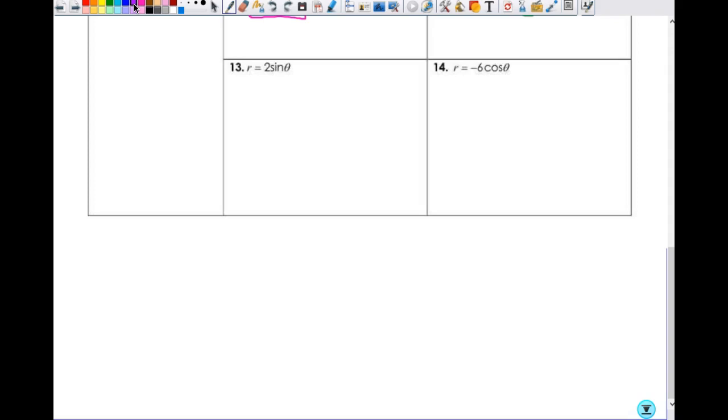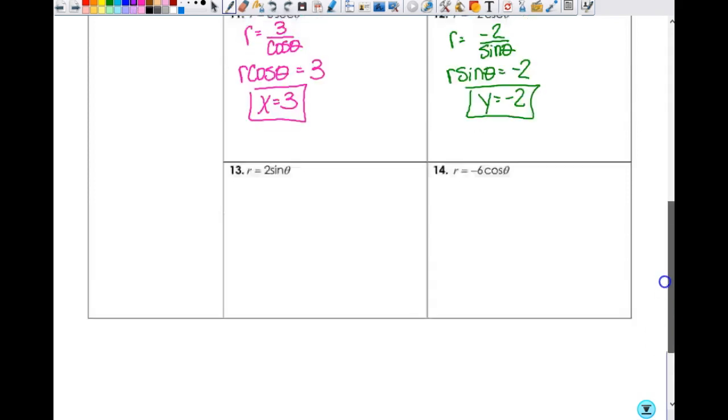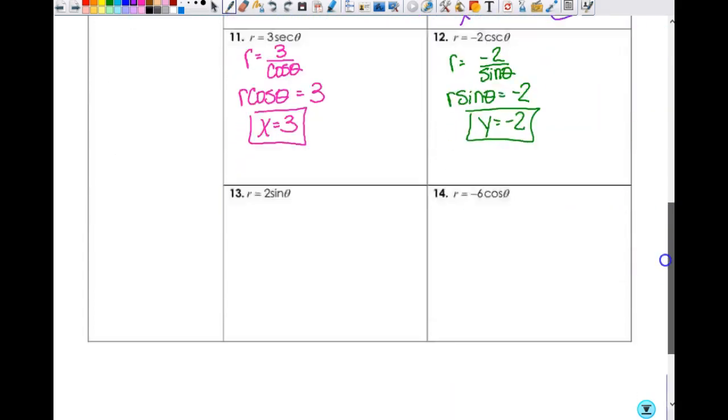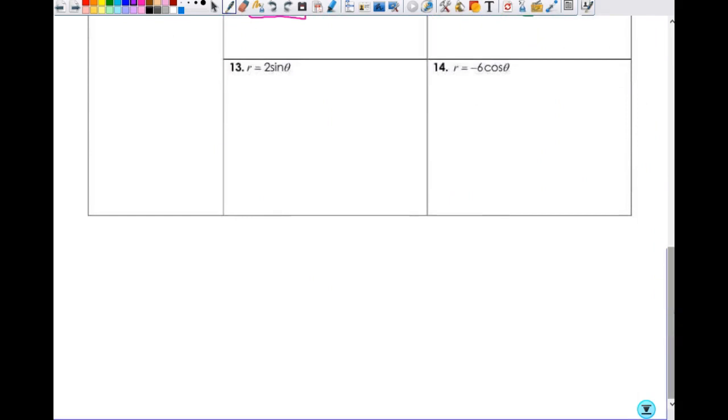So up here, when we were cleaning this up, you know how we divided these r's out? We divided the r's out. Basically, we need to put them back. So I'm going to write one step that I would not expect you to write in your actual work, but I want you to write it on this one so that you remember what we were doing here.